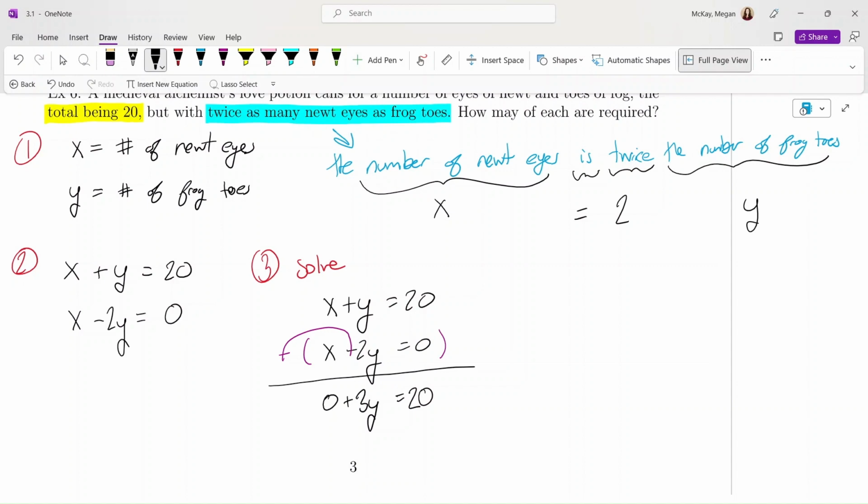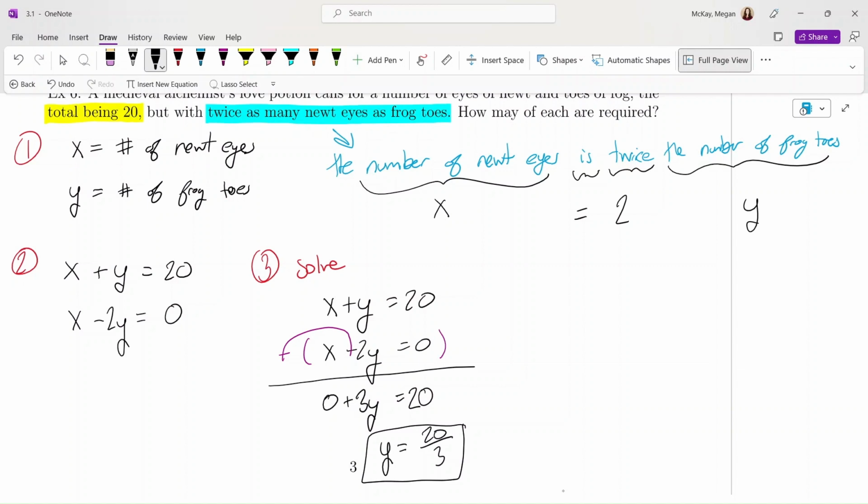Divide both sides by 3, and y is equal to 20 over 3. And you can simplify this if you'd like to. You can write it as a decimal if you'd like to. Most online systems will want an exact answer for a homework problem, and so they will only take this fraction here. Just a little note about that.